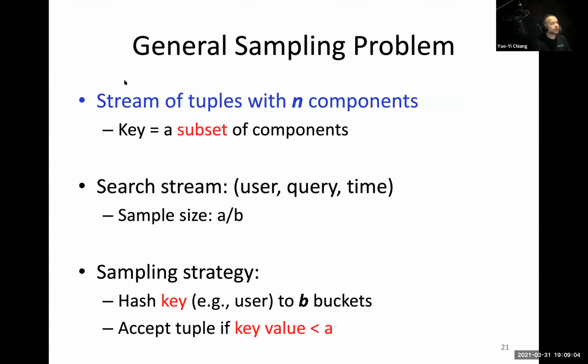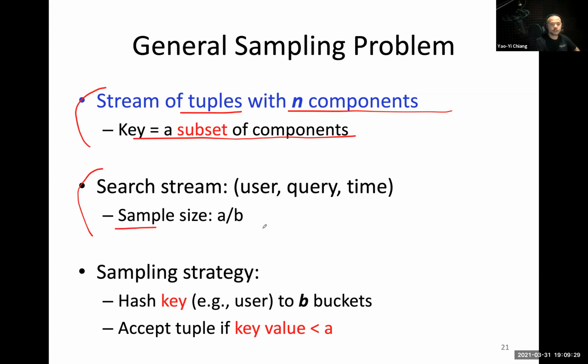But the general sampling problem is like this. Let's say you have a stream of tuples with n components. That means your data point has n dimensions. The key would be a subset of the dimensions or components. You have some search stream, the stream that you want to search.